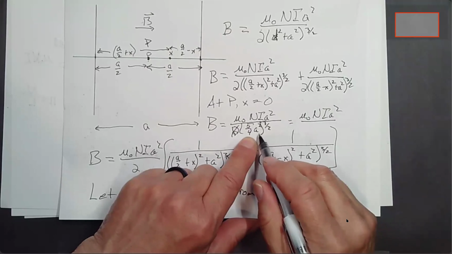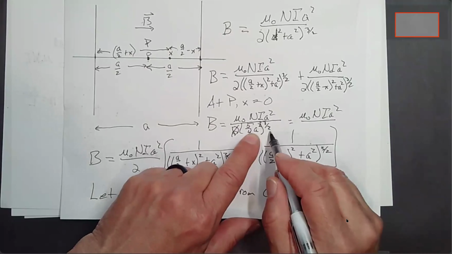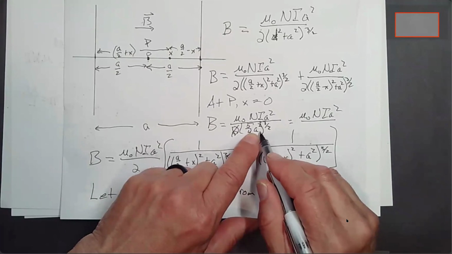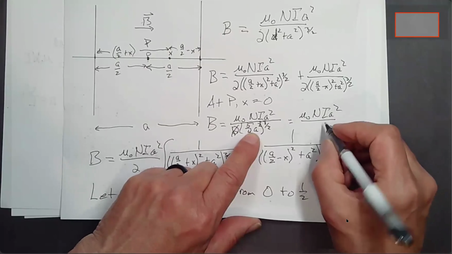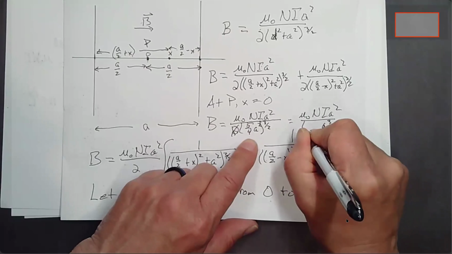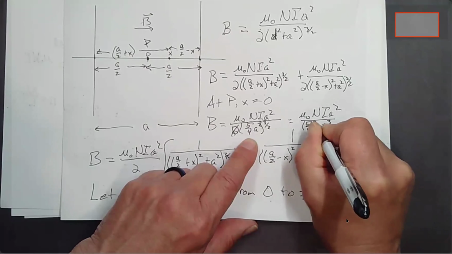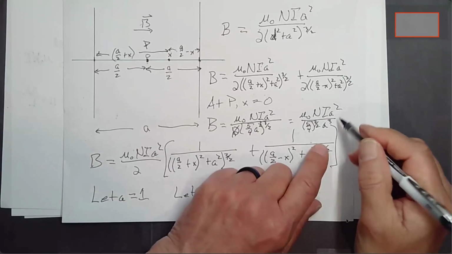The A squared to the 3 halves, the 1/2 will just give me an A, and then I've got an A cubed in the bottom. So I'll have that, but I'll also still have that 5/4 to the 3 halves. And I'm not worried about that so much.